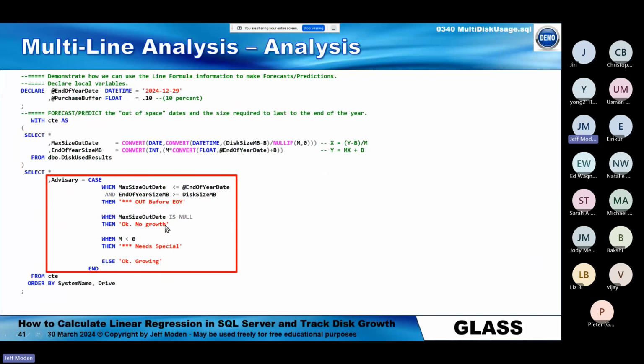Or if we're under these conditions, it's okay. We don't actually see any growth on this disk. For that K drive where we had the negative slope, yeah, that's going to need some special looking at to make sure that we're going to be okay. And otherwise, it's okay. It's growing, but it's okay. We're not going to be out of space before the end of the year.